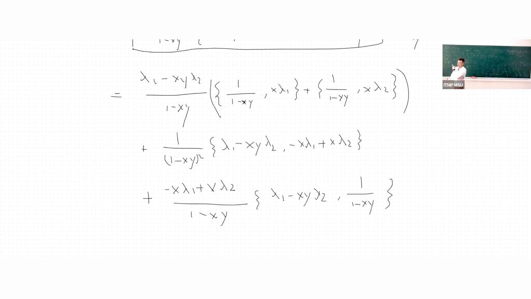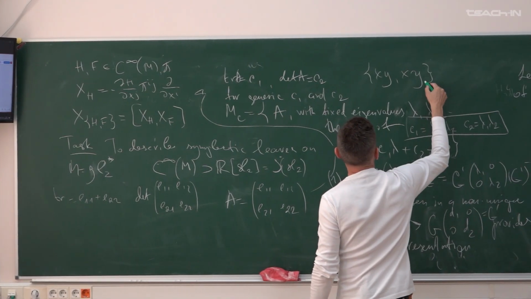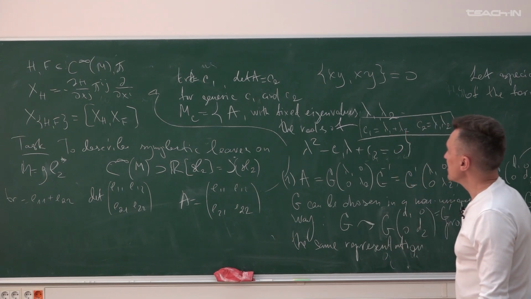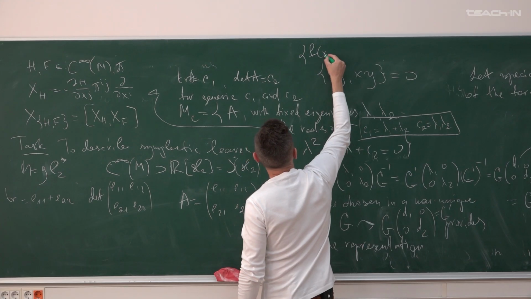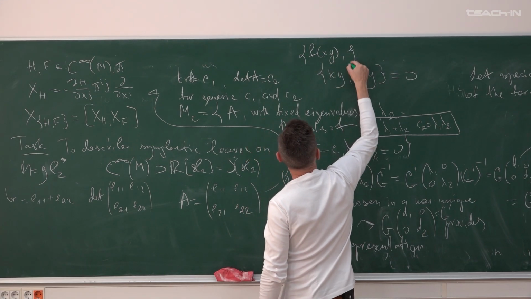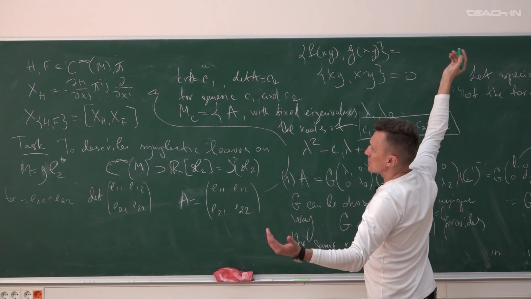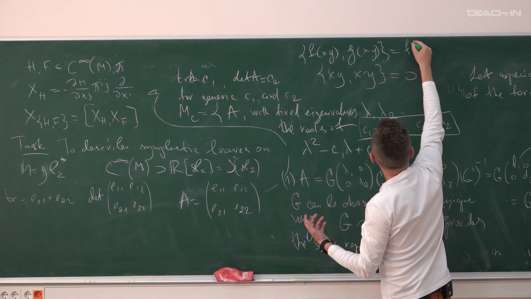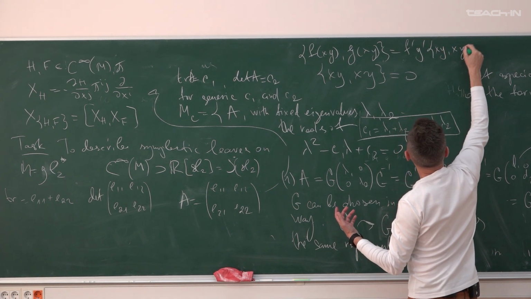Is it clear? This term is trivial. So my statement is that xy with xy is 0 for every Poisson bracket. It means that if you calculate some function f of xy with some function g of xy, it is also 0, because it is f prime g prime times the bracket of xy with xy.